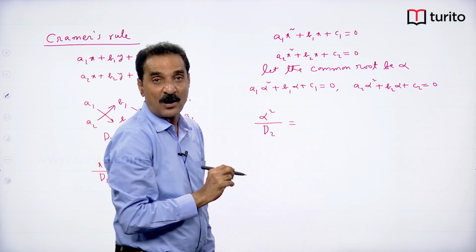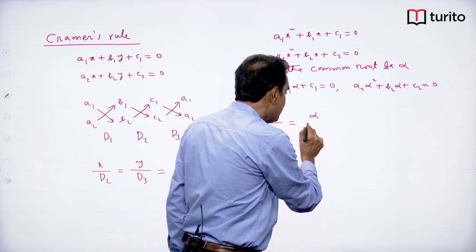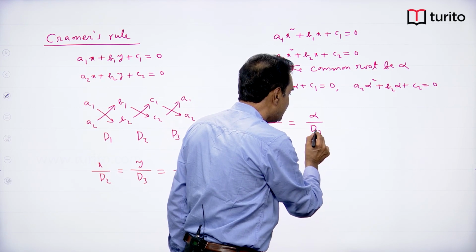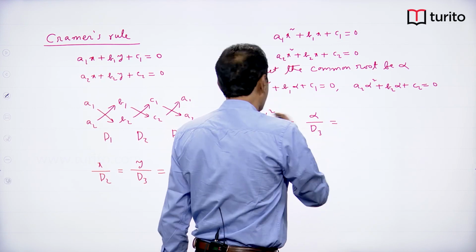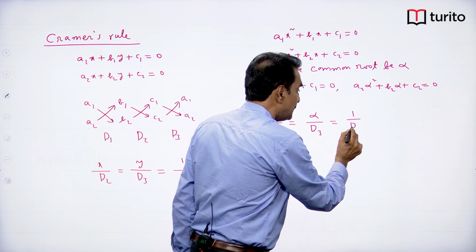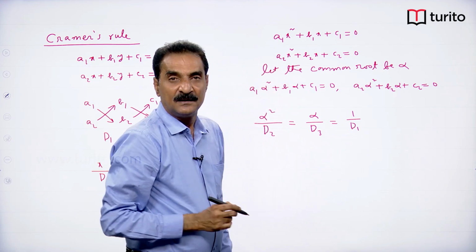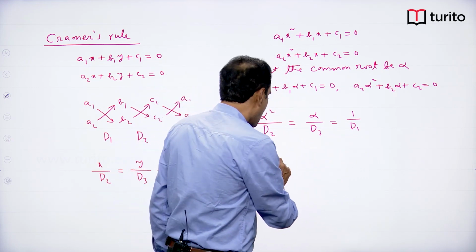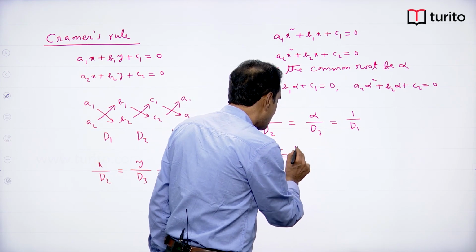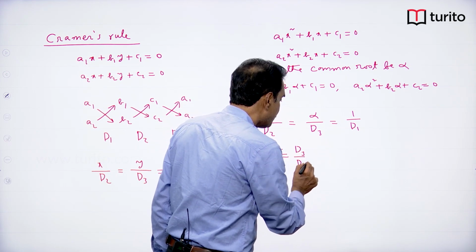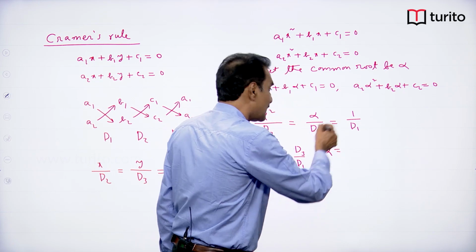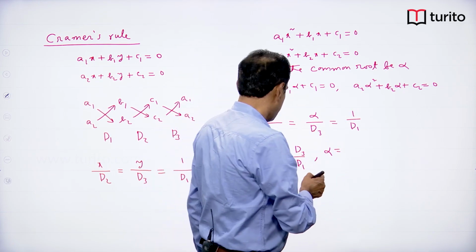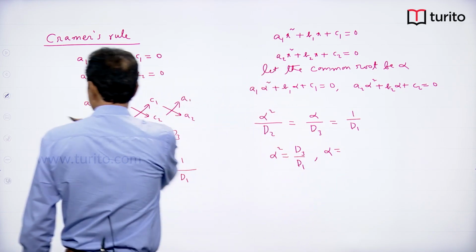In place of y we have alpha by D3. Next is 1 by D1. Then alpha square is equal to D3 by D1 and alpha is equal to, cross multiplying, D2 by D1 here.